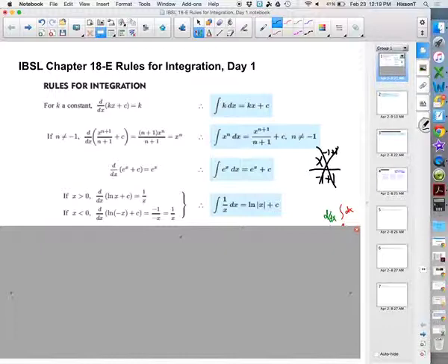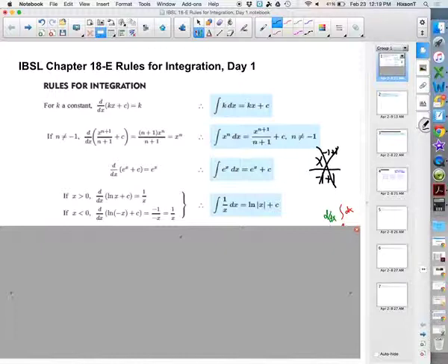But we did remember that the derivative of the natural log is 1 over x. Also, though, this is the part we didn't talk about. If we had the natural log of -x, using the chain rule, the derivative would be 1 over -x times -1. In other words, -1 over -x. So what you realize here is the negatives cancel out, and I still end up with 1 over x.